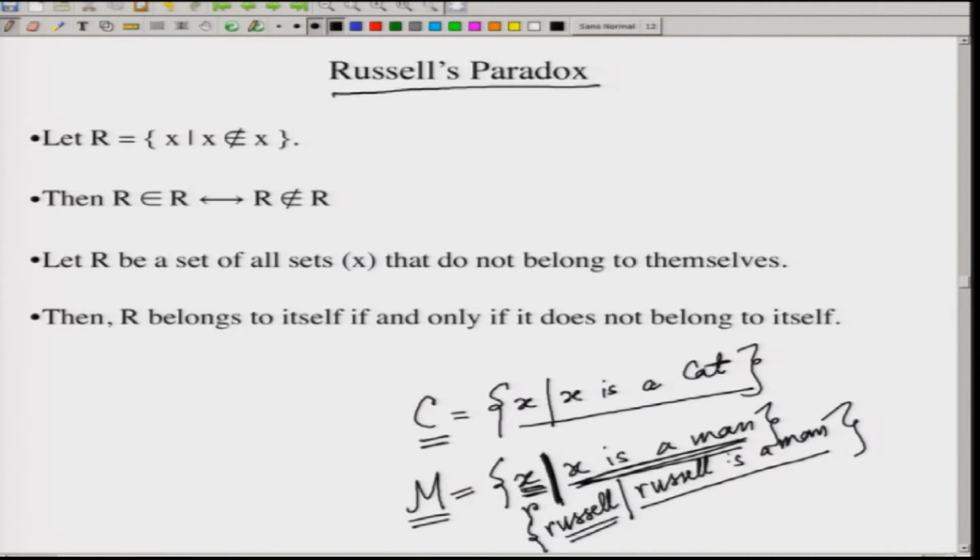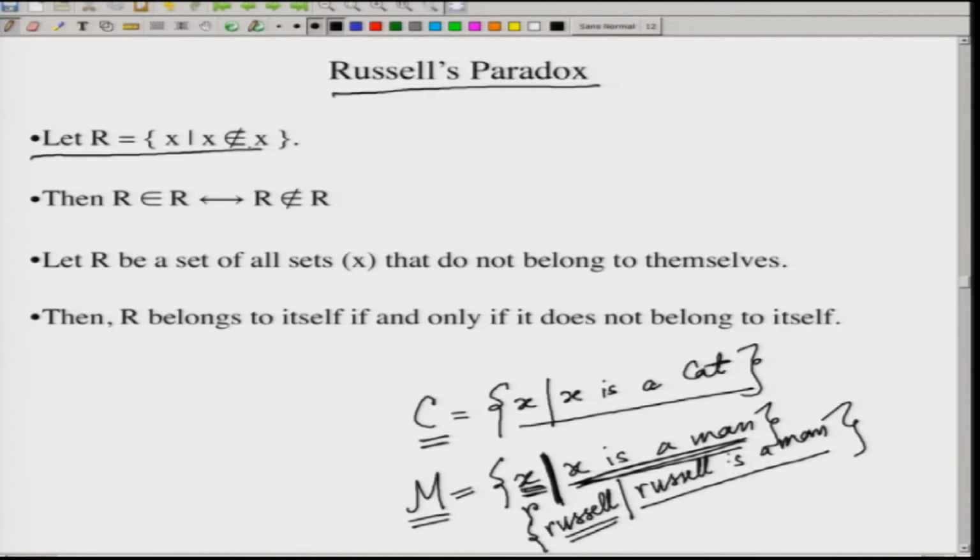This is how you could write a set before Russell came up with his great paradox. Now, what is Russell's paradox? Let R be the set of all x such that x does not belong to itself. So, R, remember, is a set of all sets that do not belong to themselves.